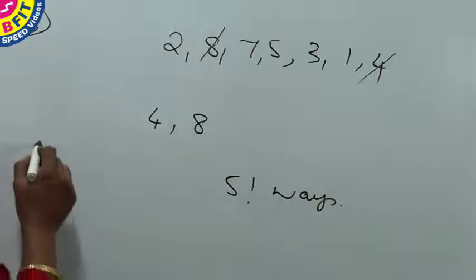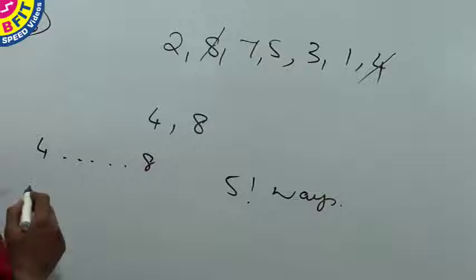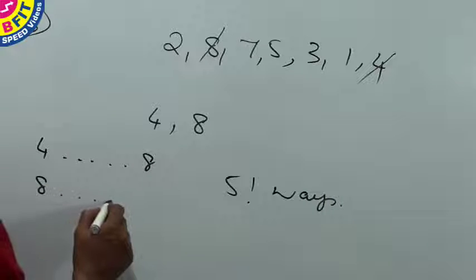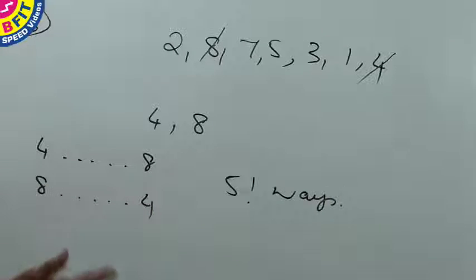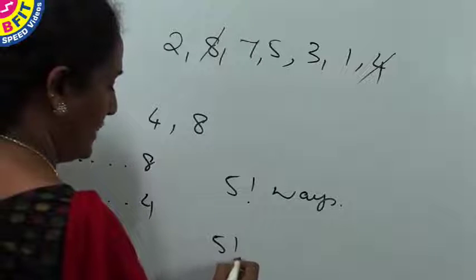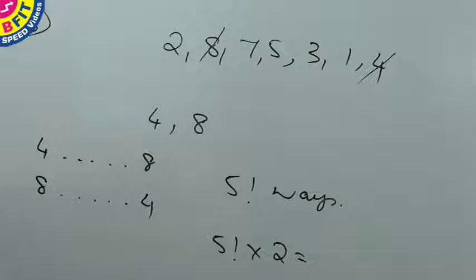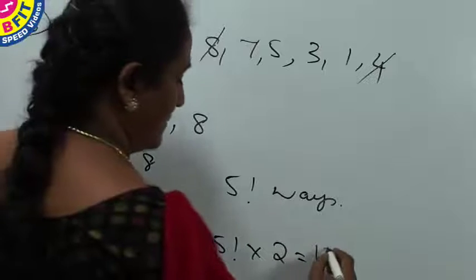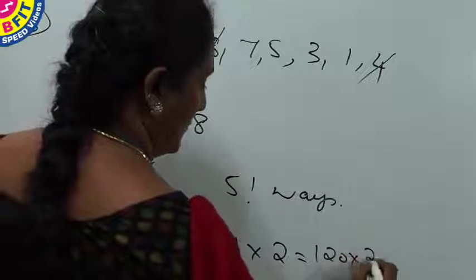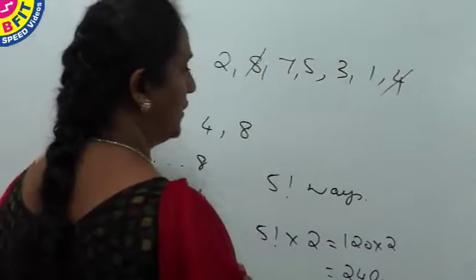You can have a number either starting with 4 and ending with 8, or starting with 8 and ending with 4. So 2 types of arrangement. So 5 factorial into 2 will give you the number of words. 5 factorial is 120, into 2 is equal to 240.